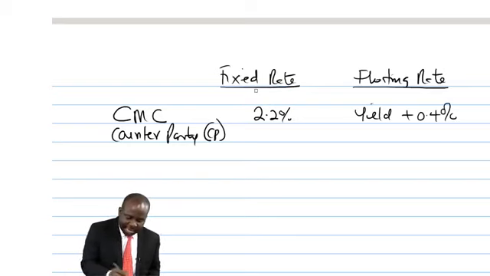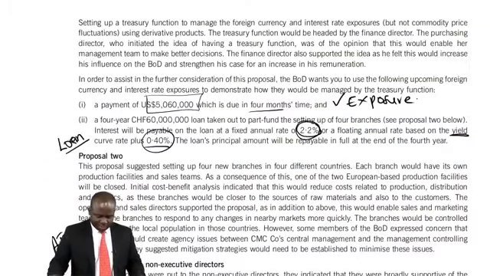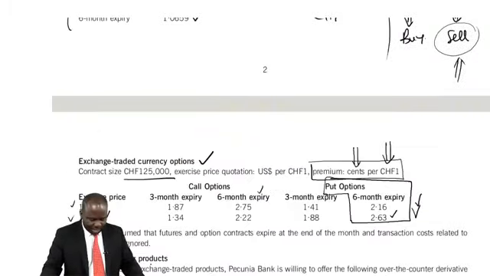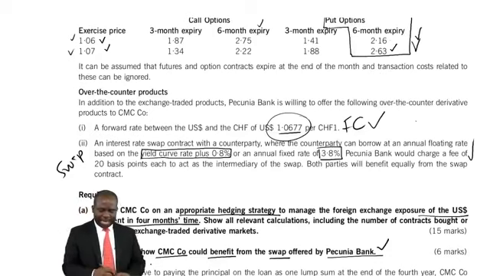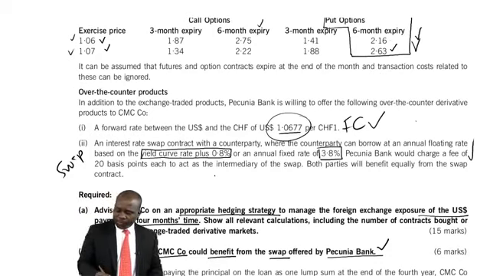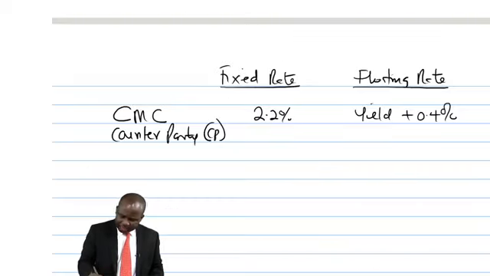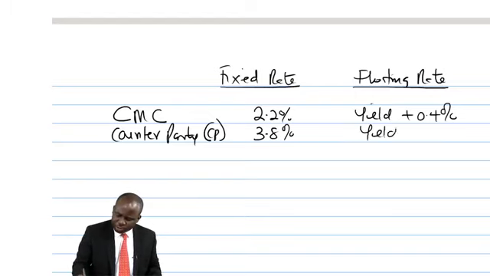Okay. And then next, what about the counterparty? The counterparty is what the examiner gave to us down here, that the counterparty can borrow fixed at 3.8 and variable at yield plus what? 0.8. So I will say this is 3.8% and this is yield plus 0.8%.